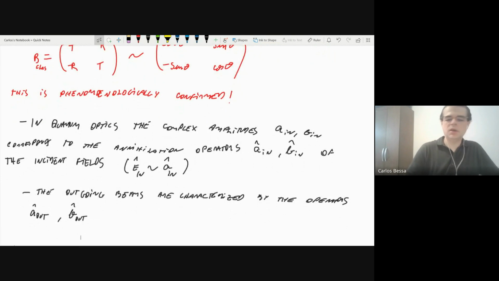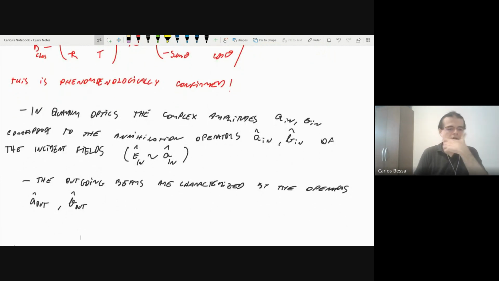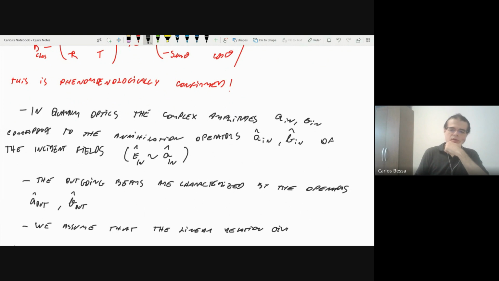And the linear relation that we saw above, we assume that it's still valid for quantum physics.